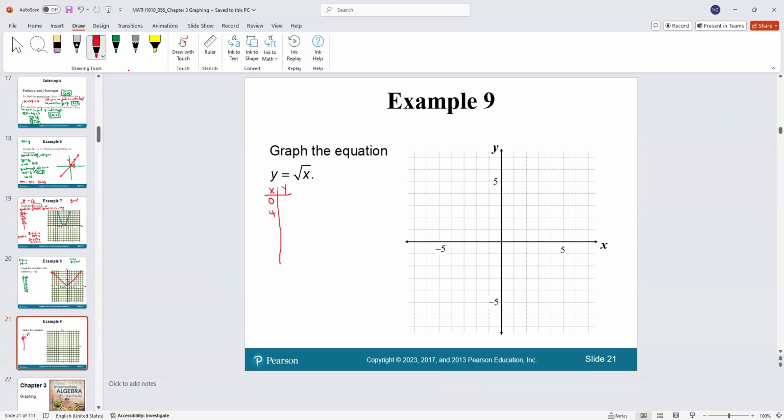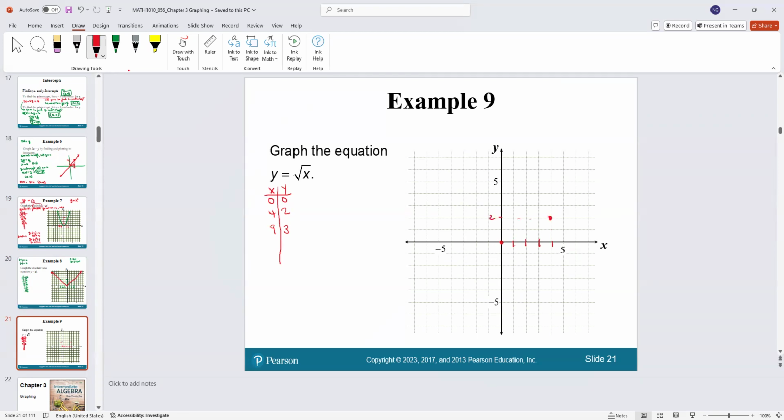like 4. When x is 0, the square root of 0 is 0. The square root of 4 is what? 2. Thank you. The square root of 9 is what? 3. But I'm not sure I would need those because 0, 0 is right there. When x is 1, 2, 3, and 4, you see y is 2.